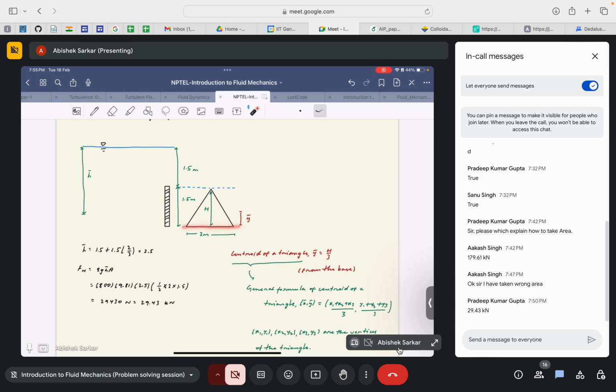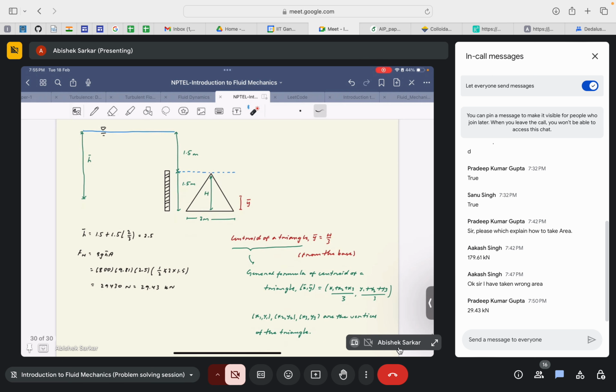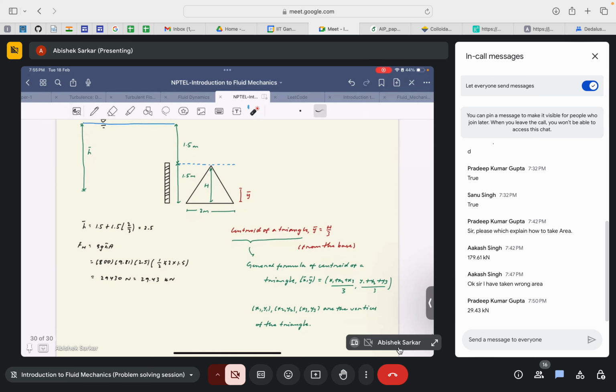Or in general, the formula for finding the centroid of a triangle: if the centroid is at a location x bar and y bar, it is given by (x1 plus x2 plus x3) by 3, comma, (y1 plus y2 plus y3) by 3, where x1, y1, x2, y2 and x3, y3 are the coordinates of the vertices of the triangle. So we just needed this formula in our hand to find this.